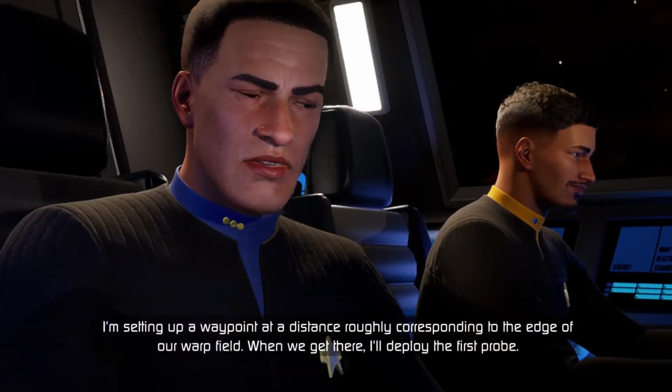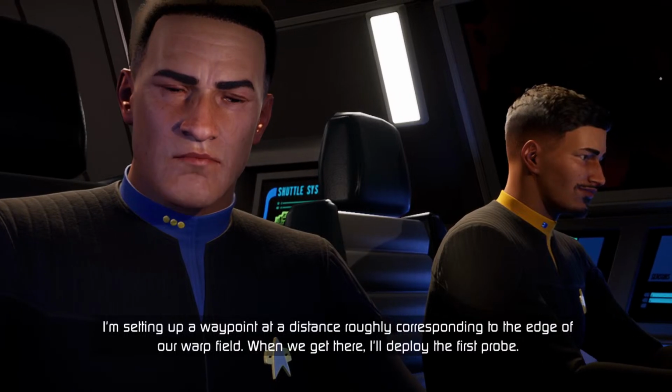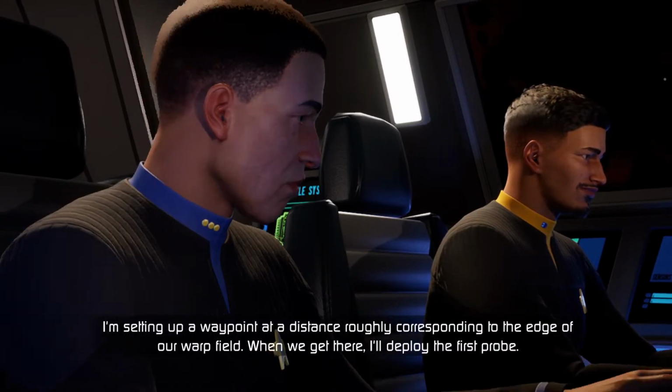Setting up a waypoint at a distance roughly corresponding to the edge of our warp field. When we get there, I'll deploy the first probe.